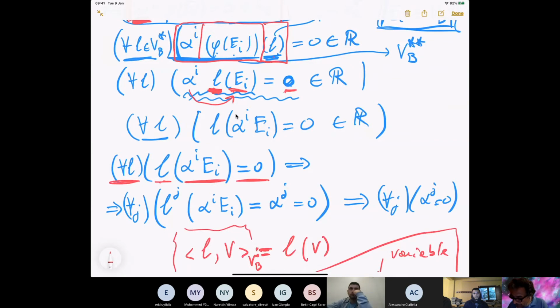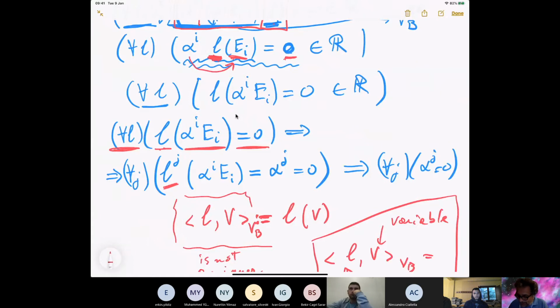Now I use EI, LJ. LJ we have also called EI, EJ at the top, but it is better to avoid this for a while. So these are different names for the same object. As this is equal to 0 for every L, this is equal to 0 also for each particular Lj.